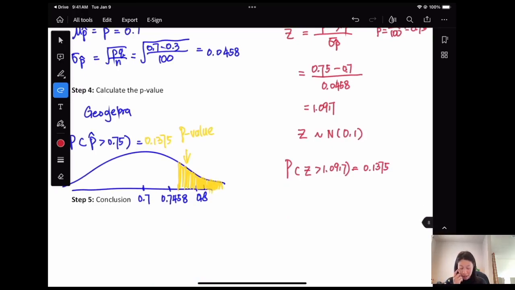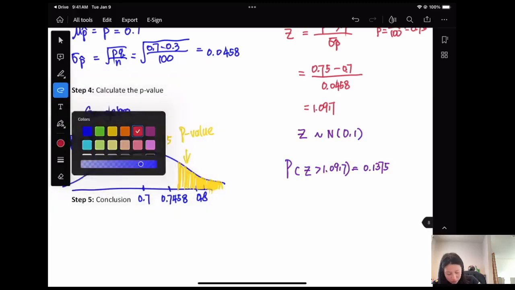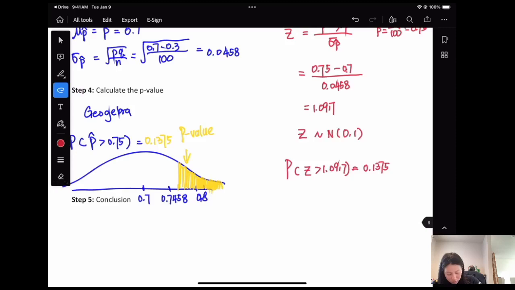The conclusion is something we need to compare to our significance level, which is our alpha. Our p-value by calculation equals 13.75%.